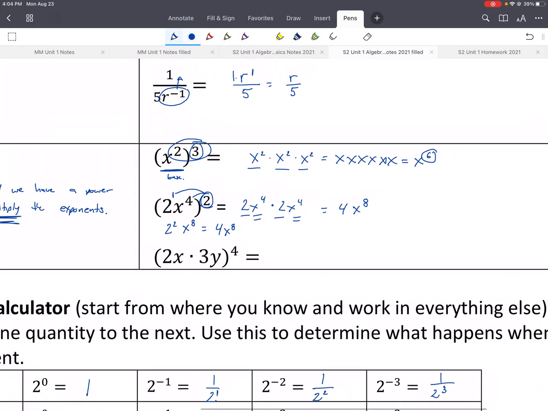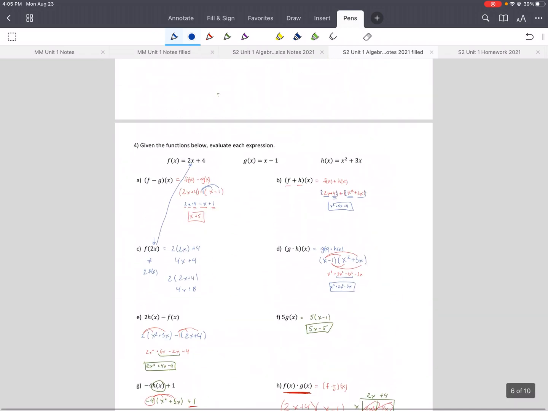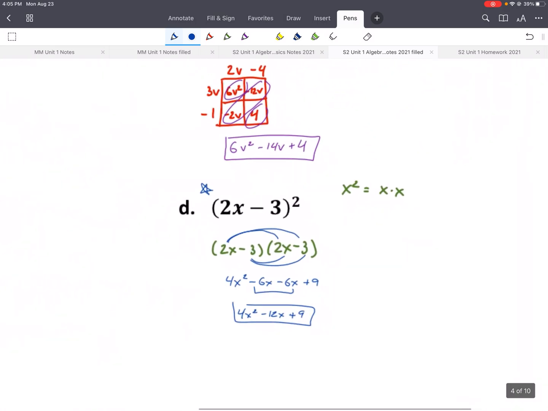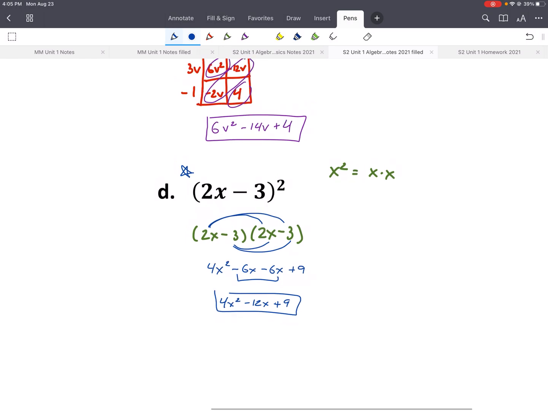One thing we need to talk about real quick, let's go back to this. Okay, so there's a difference here. In this example, when we had something squared, we wrote it twice. And you have to do that whenever you have some sort of addition or subtraction within that parenthesis.